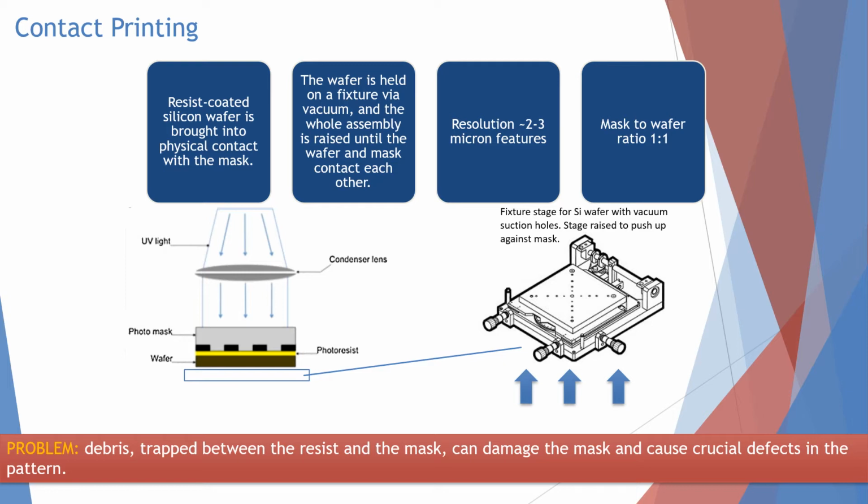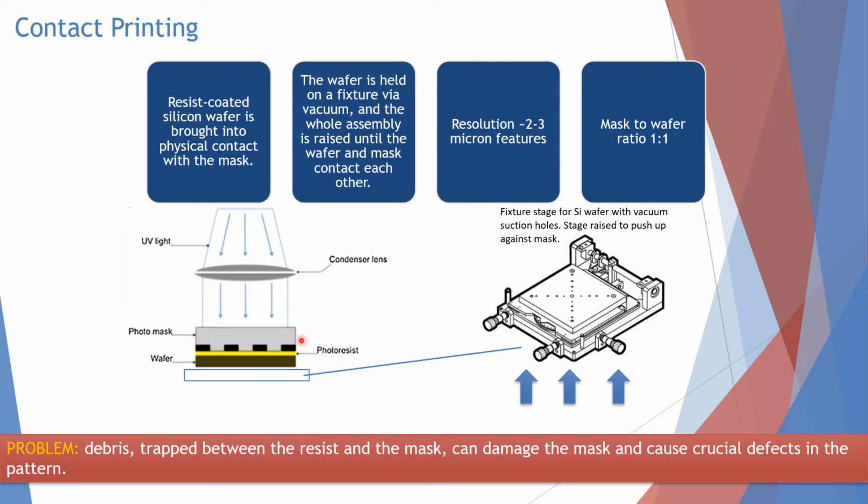Since the name is contact printing, it means that in the process of printing the circuit, the resist coated silicon wafer will be brought in physical contact with the mask. If you look at this picture, this is the wafer, this is the photoresist, and the mask is placed directly on top of the photoresist.